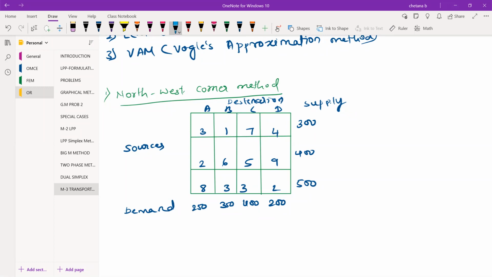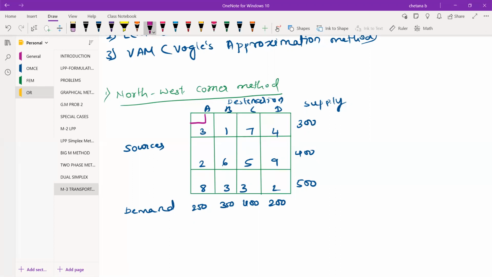In the entire table, the northwest corner is this corner. You need to allocate the value in cell number 1 because that is the northwest corner. You need to compare both: you have 250 as demand and 300 as supply.